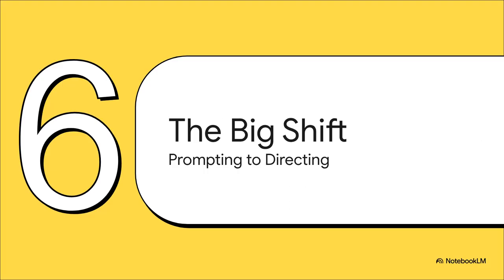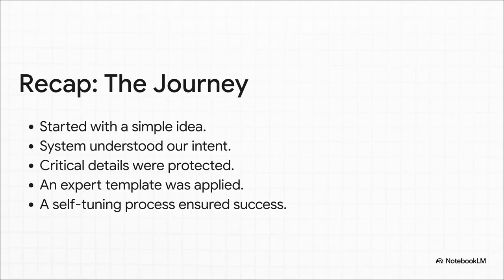So, we followed our prompt all the way from this simple little idea to a fully optimized instruction. And that journey represents a really huge shift in how we should be thinking about working with AI. So let's just quickly trace that path one last time. We started with just a simple idea, the system figured out what we really wanted, it protected our important details, and then it applied an expert-level template to expand it into the perfect set of instructions.